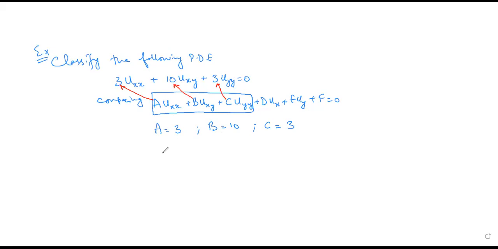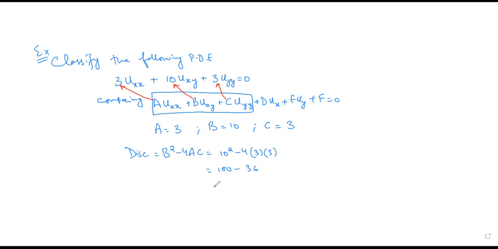D, E, and F are 0, but for evaluation of the discriminant, we don't need the values of D, E, and F. So the value of the discriminant, that is b square minus 4ac, will be 10 square minus 4 times 3 into 3. So you will have 100 minus 36.